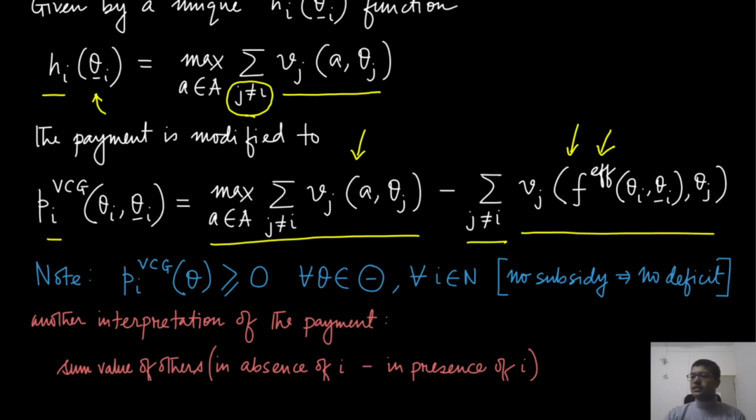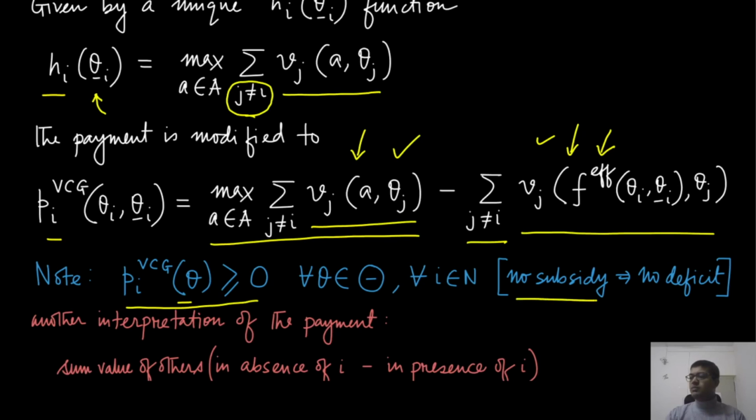Now notice that this is a summation of the valuations of all the agents except agent i, and the first expression here is trying to maximize that, so very naturally this is going to be larger than the second term. So it is quite clear that the payment in the VCG mechanism is always going to be non-negative for all players and for all θ. We have discussed this property of a payment.